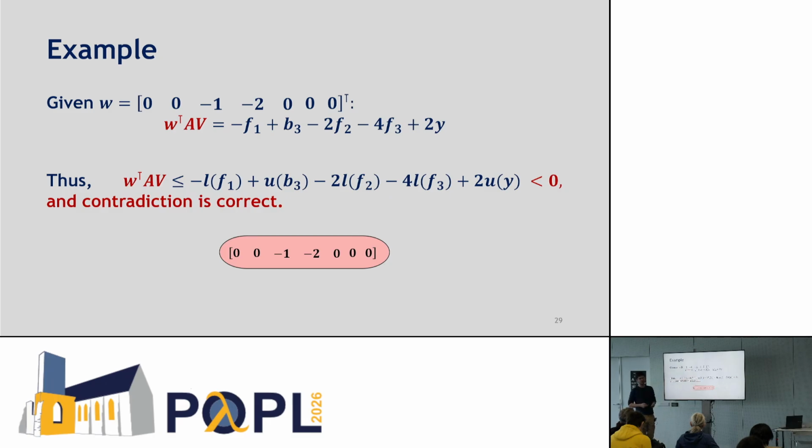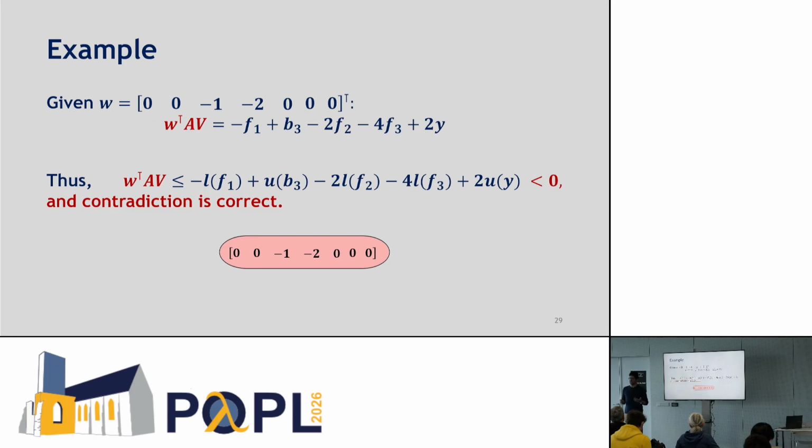And if one wants to check the proof, it generates this linear combination, and then it uses the lower bound for variables with a negative coefficient and the upper bound for variables with a positive coefficient, and it needs to check that it's a negative number. So it could never be in the kernel of the matrix. And if indeed it is negative, we can say that the contradiction is correct.